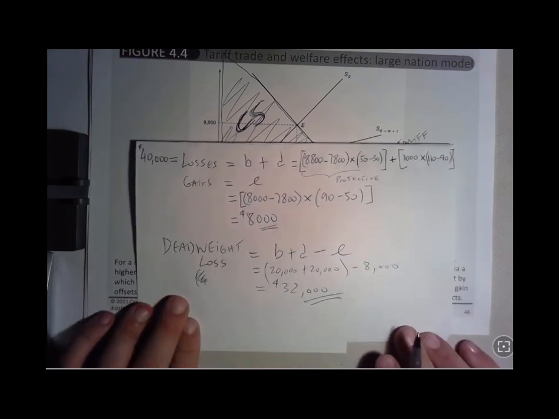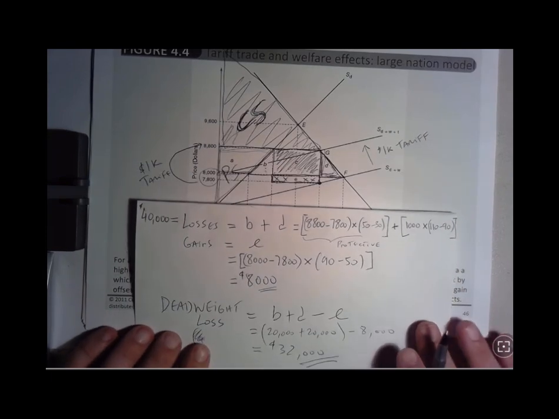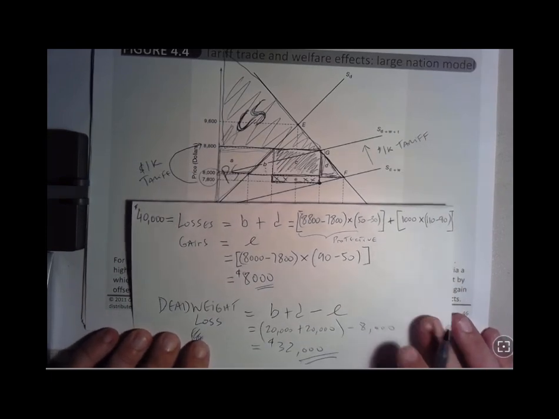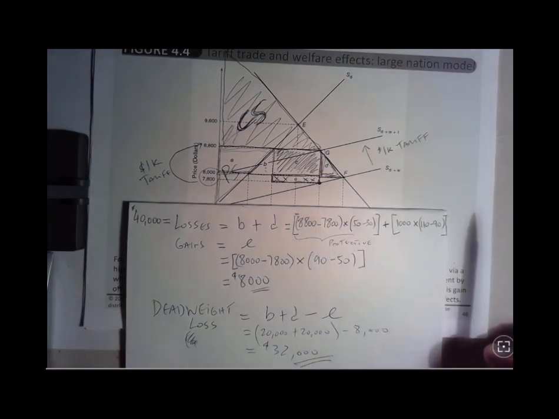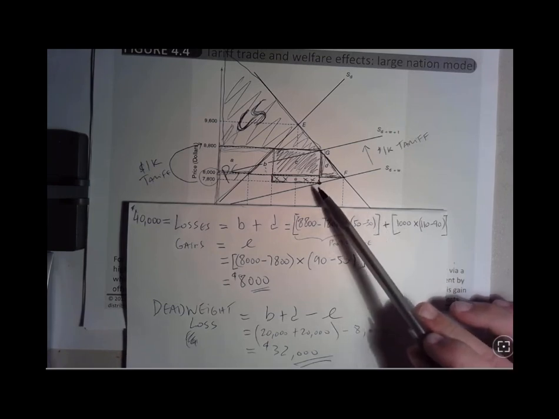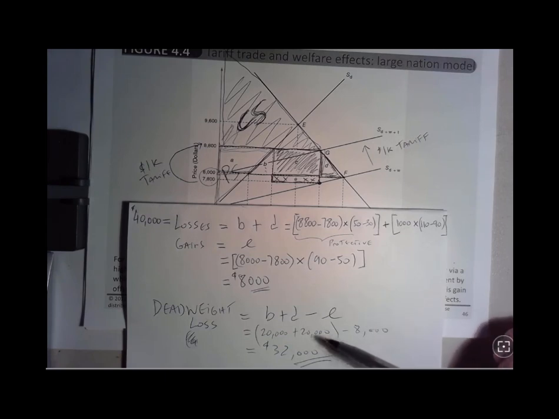So what you see in this example is, even though being a large open economy yields benefits because of our bargaining power, the degree to which we are price makers, it typically does not offset the overall losses that we have. This is the typical scenario.